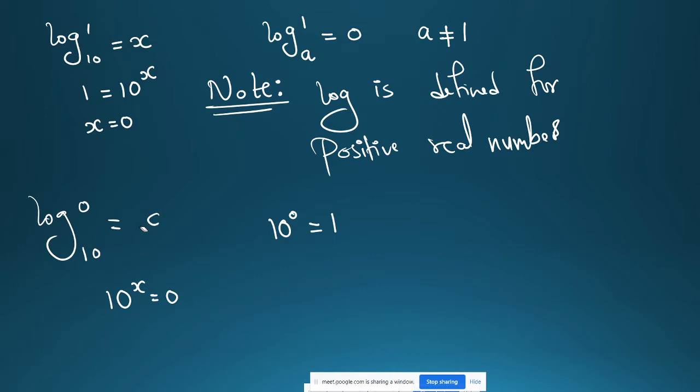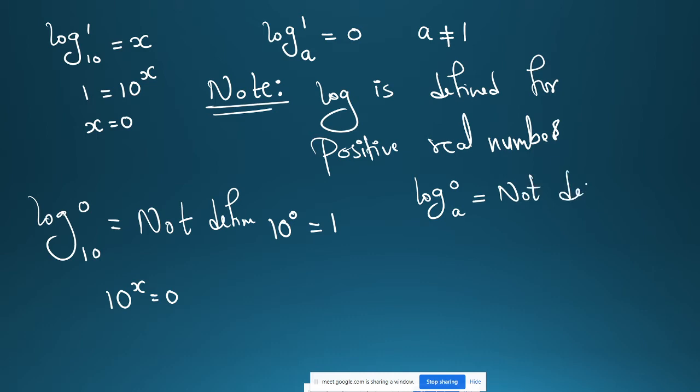So log is not defined when we talk about 0 or negative numbers. So if you have log of 0 to the base a, the answer is not defined. So whenever log is there, you should think about positive numbers. Right?